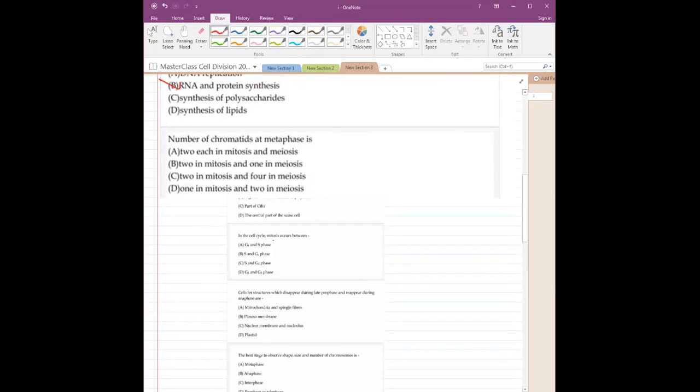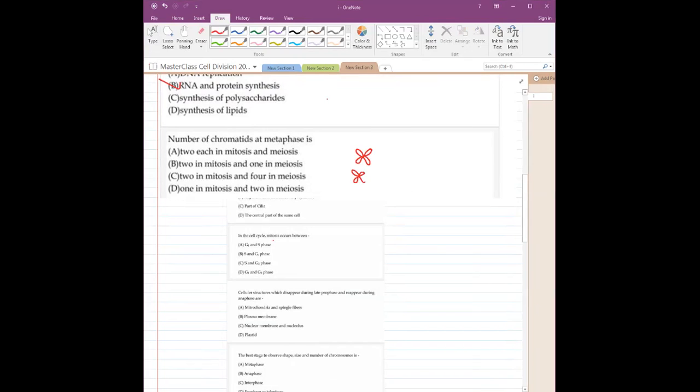Okay. So number of chromatids. How do we do this thing, guys? Let's understand this. Let's imagine we are talking about your metaphase. In metaphase of your mitosis, you are going to see a situation like this.